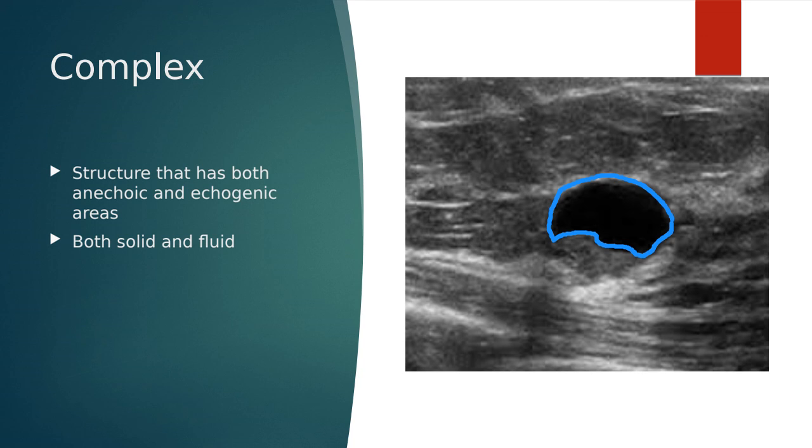So this is all one structure, all one mass, all one finding, but that red component is what's worrisome. That solid component is what is questioning us to say, okay, is this a malignancy of some sort? Because I shouldn't see complex findings in the body. Anything that has a solid component to an overall anechoic finding is going to lead us to question that further.